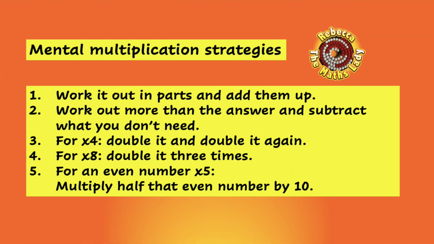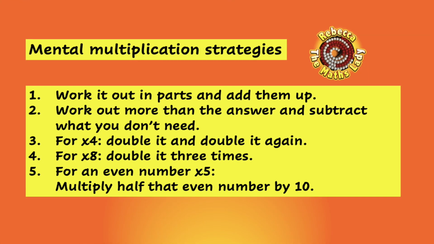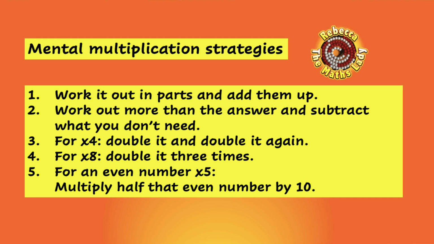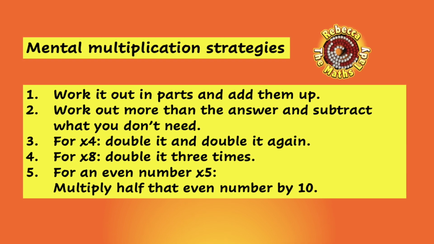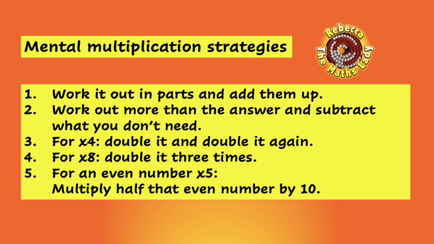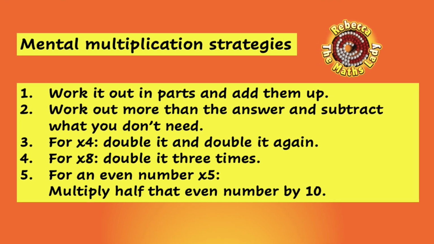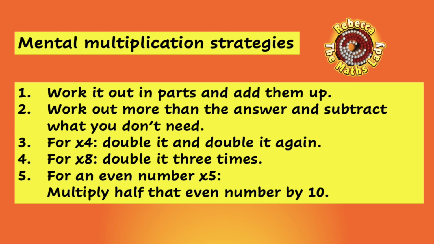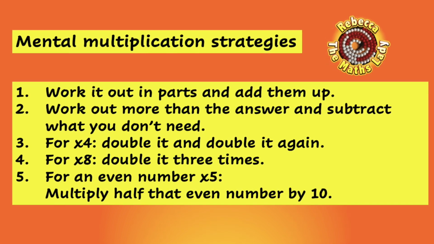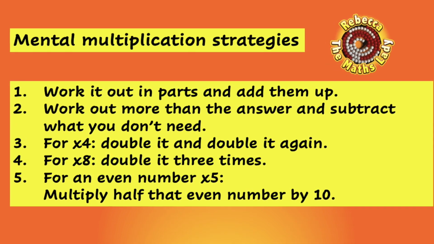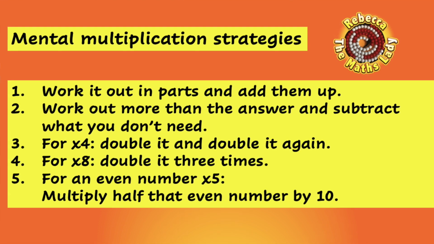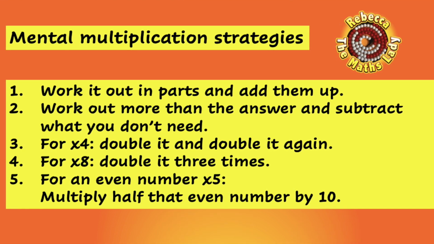The strategies I've covered today include cutting the multiplication into parts of your choice and adding the parts back together, working out more than the multiplication and subtracting some off. For multiplying by 4, you can double and double again. For multiplying by 8, you can double and double and double again. And for multiplying 5 by an even number, you can half that even number and multiply by 10.